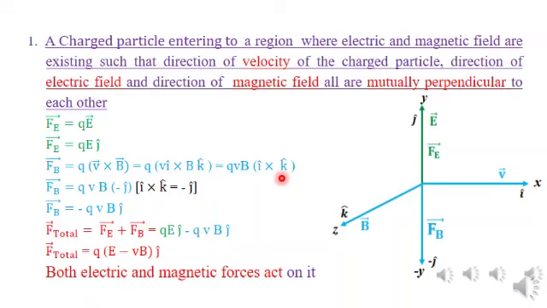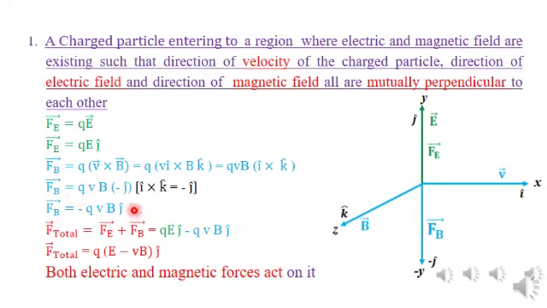But i cap cross k cap equals minus j cap, as we studied in 11th. So, vector F_B equals QVB into minus j cap. Bring the negative sign to the front side.